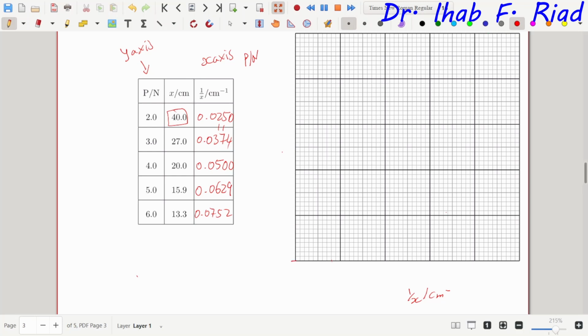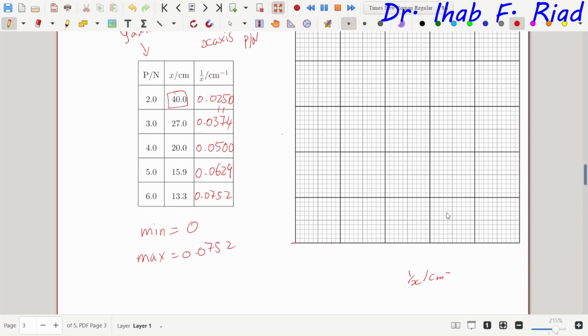We need to start from 0. On the y-axis, the minimum is 0.250 and 0.750 is the maximum, but since we are starting from 0, the minimum is going to be 0.